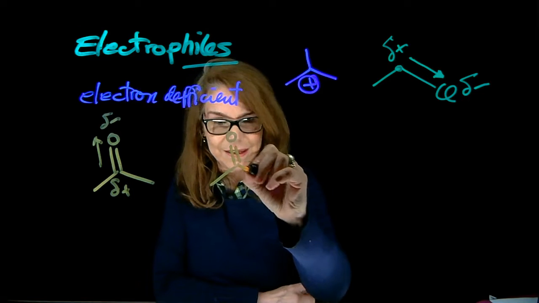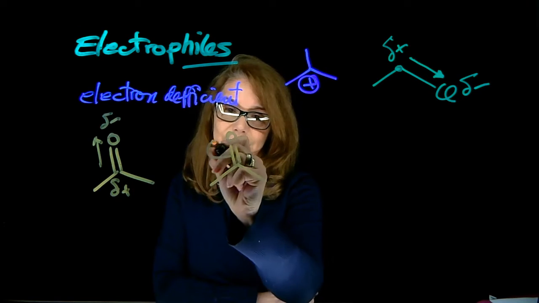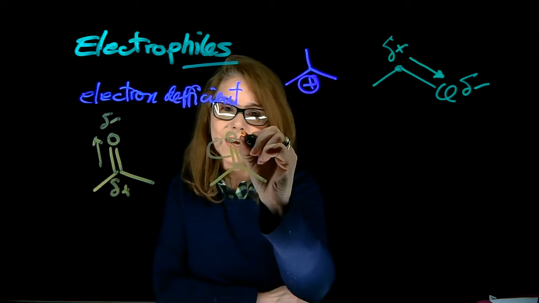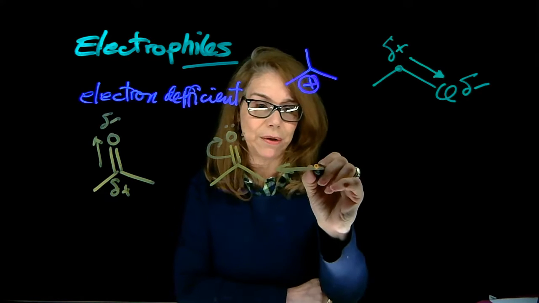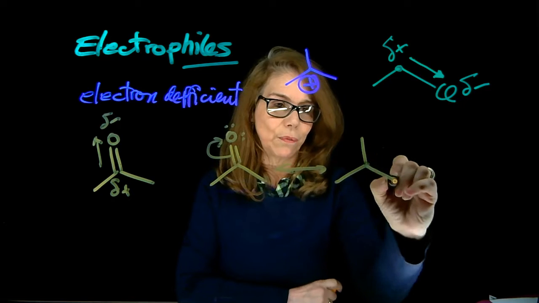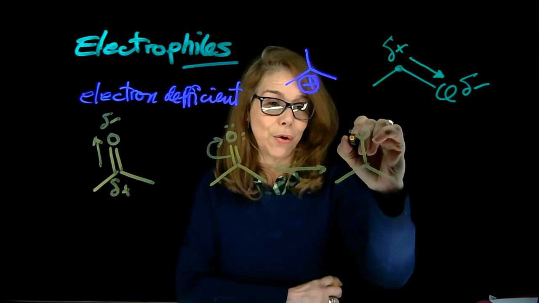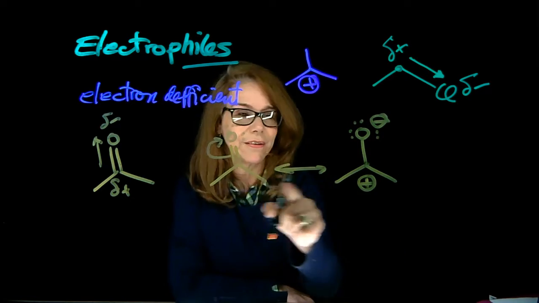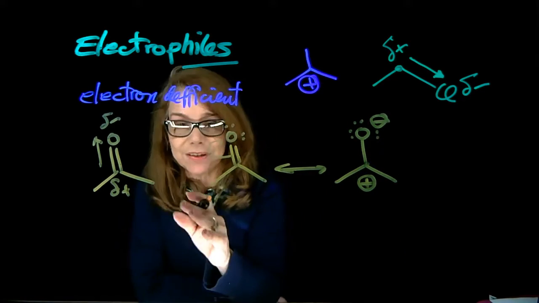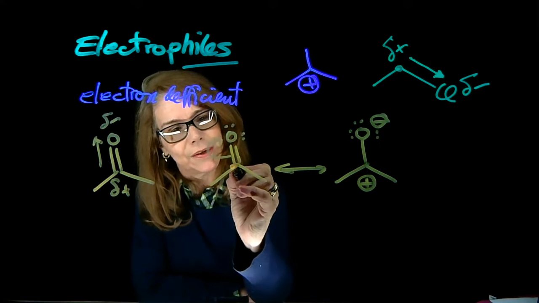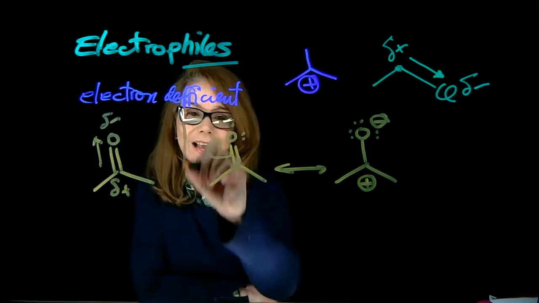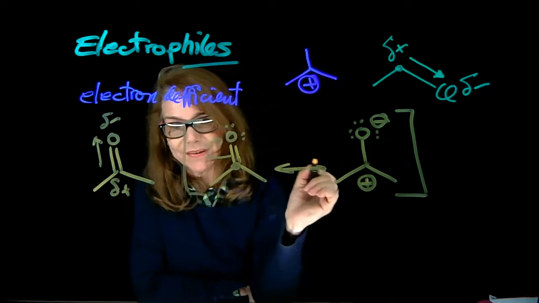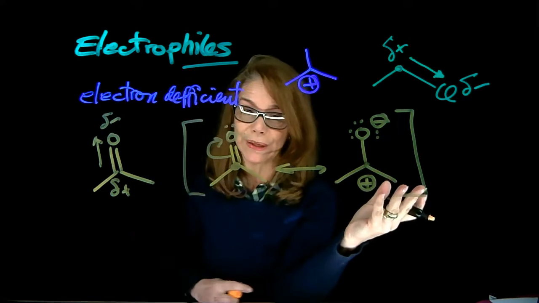Say I have this one resonance structure where I move these electrons over. The oxygen in my resonance structure will have a formal negative charge, and the carbon a formal positive. So in two ways we can explain that the carbon at the carbonyl group is electrophilic, so it can undergo a nucleophilic attack.